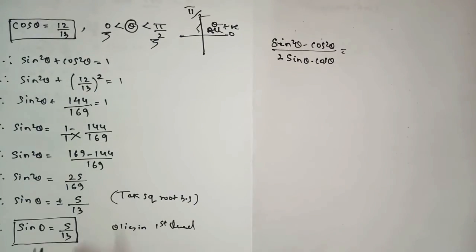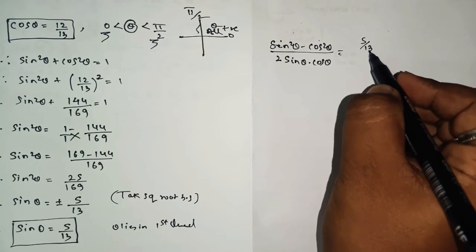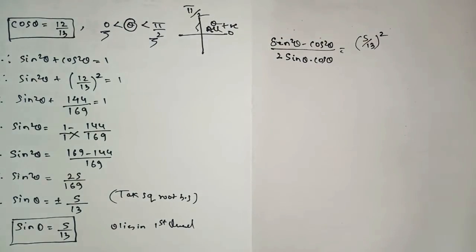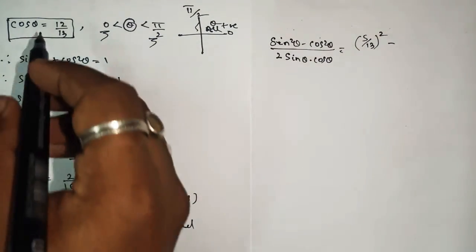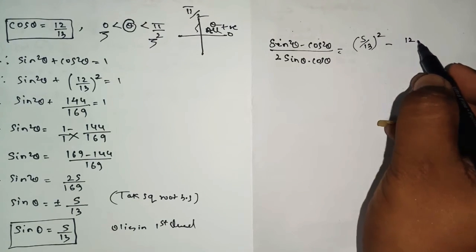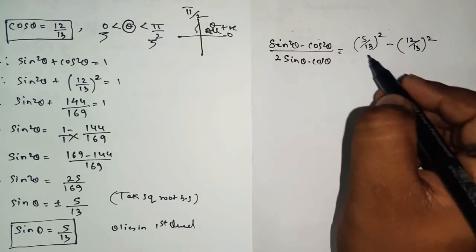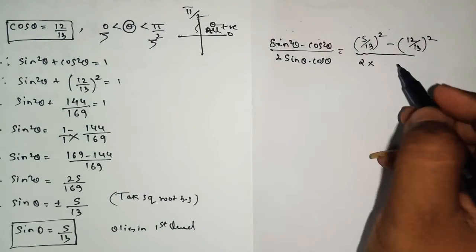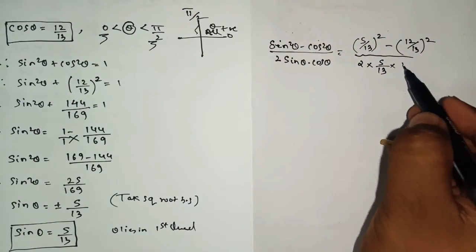Sine is 5 by 13, but here we have square, so we'll write the square of that value, square of the value of sine theta. Cos square theta, cos theta is 12 upon 13, but we'll write square as it is cos square. 2 into sine theta, which is 5 by 13, and cos theta is 12 upon 13. Yes or no?